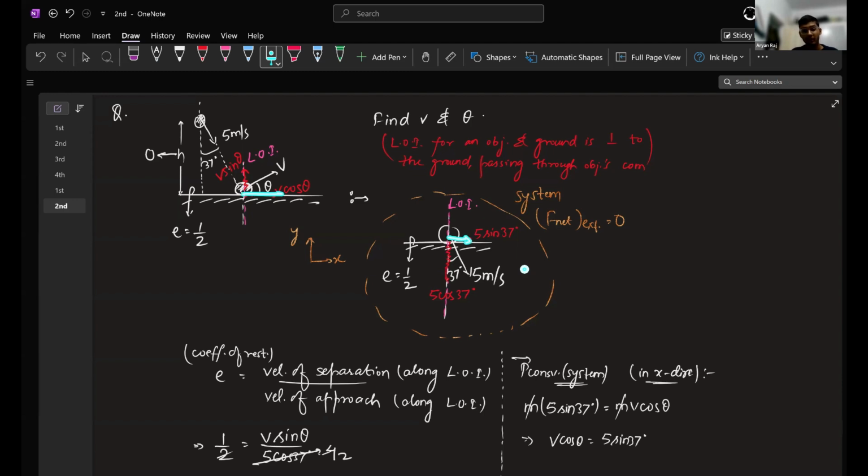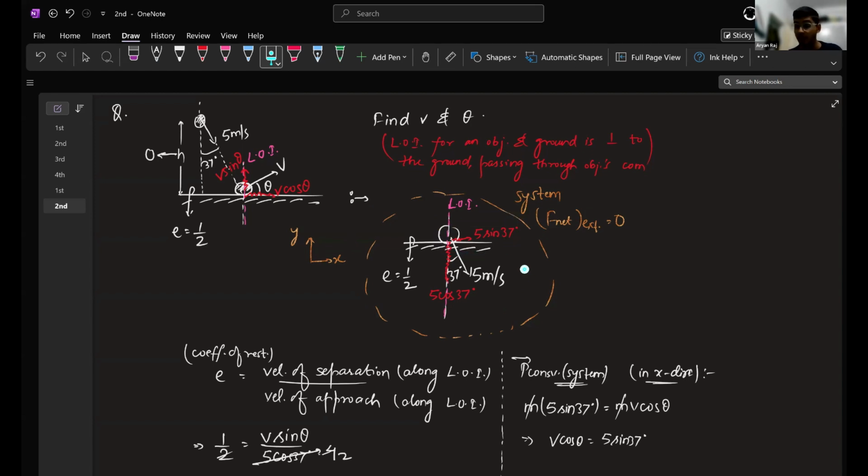X is completely not along the line of impact, and Y is completely along the line of impact. So in our collision system, when one of the objects is a wall or a ground which is not moving at all, that component of velocity not participating in the line of impact always remains conserved.